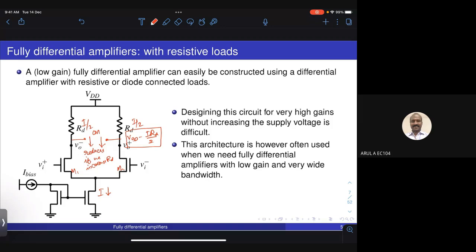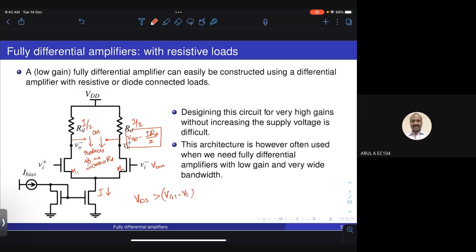You have to make sure that the output common mode is maintained at a certain level so that you have the transistors in saturation. Let us say the input common mode is VCM. In order to keep these transistors in saturation, what do we need? VDS should be greater than VGS minus VT.